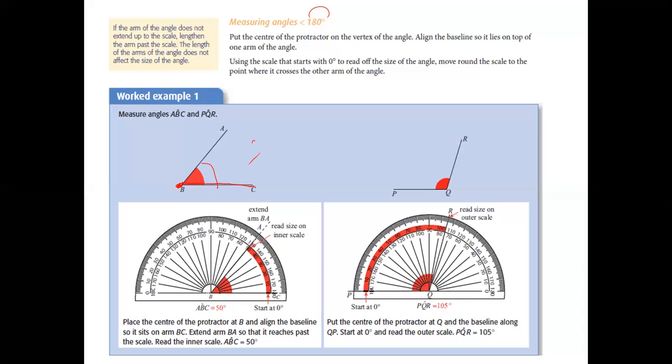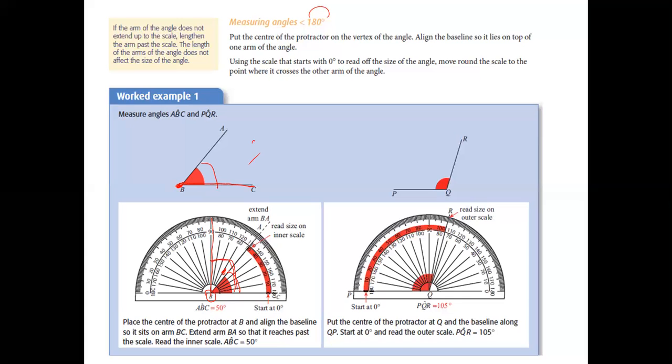If this were a straight line and a right angle, it must be equal to 90 degrees. But this angle is less than 90 degrees.